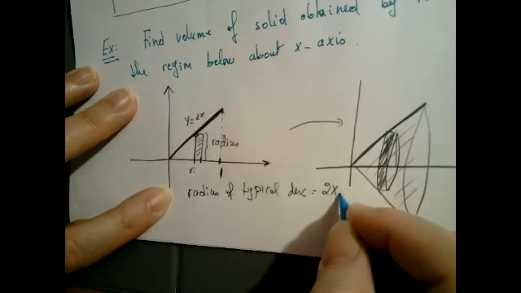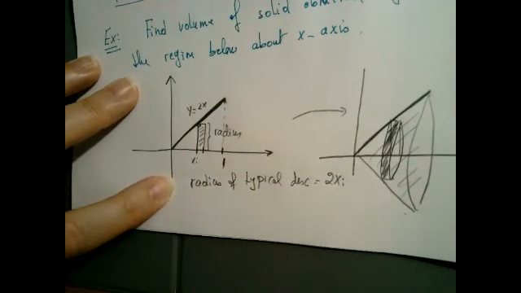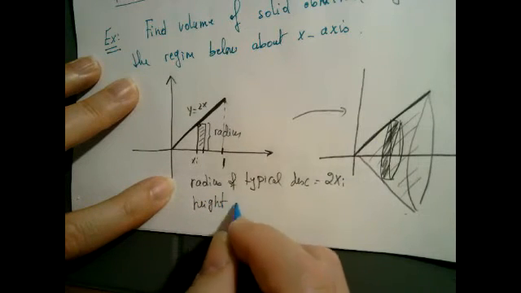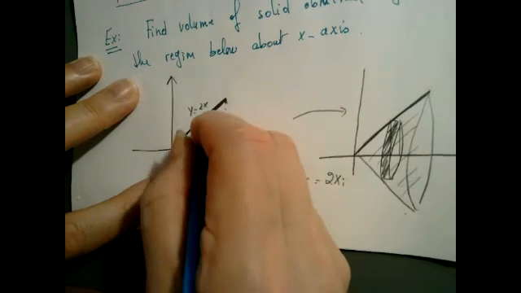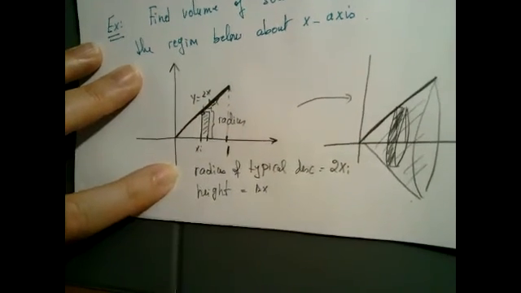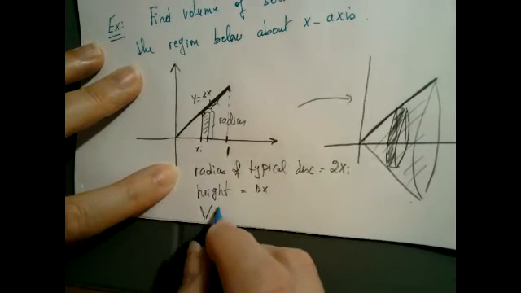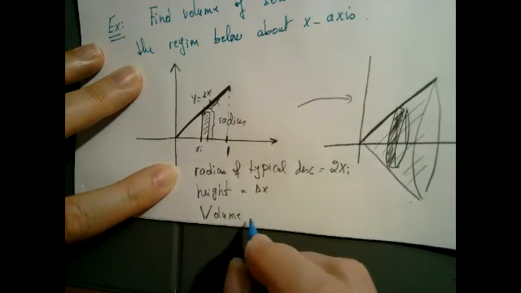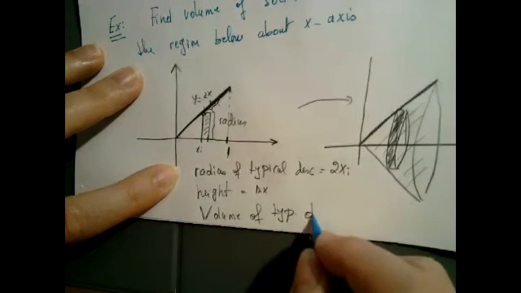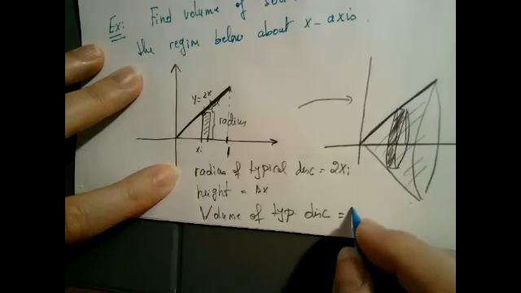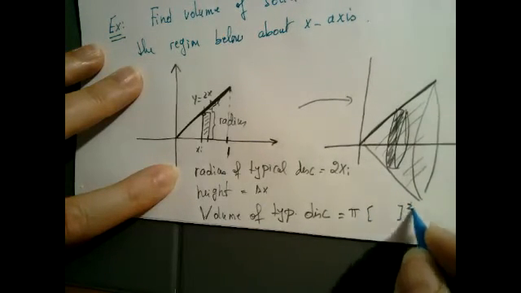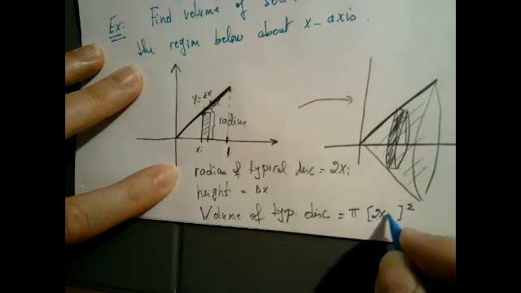2 xi. The height is my little delta x. The volume of a typical disc is pi times the radius squared.